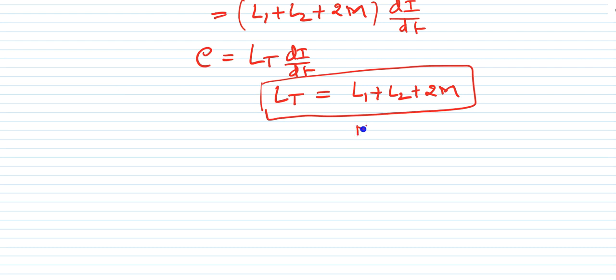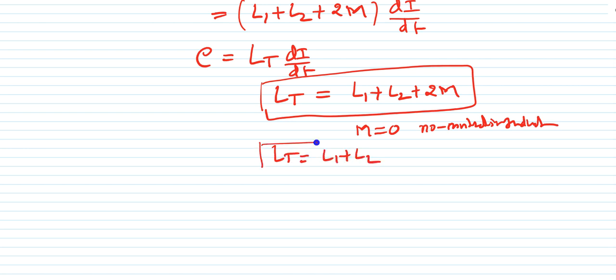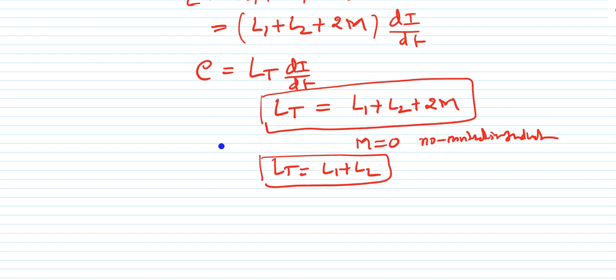Suppose M is equal to 0, it means there is no mutual inductance. Then your LT is equal to L1 plus L2. There is no mutual inductance, so the total equivalent is L1 plus L2. So that is the equivalent circuit you can understand here.